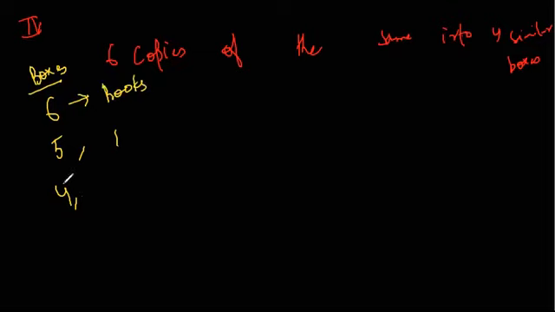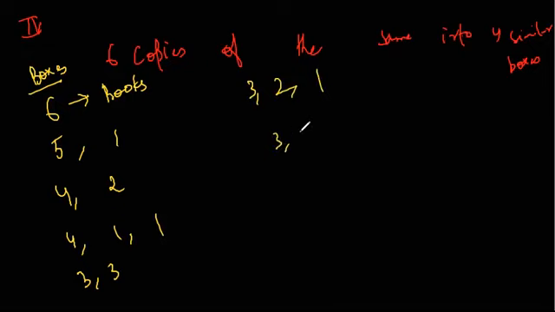So 4 books in one box and 2 books in another. Or else you can place 4 in one box and 1 each in two other boxes. Then in 2 boxes you can place 3 books each. Another way will be placing 3 books in one box, 2 in another and then 1.